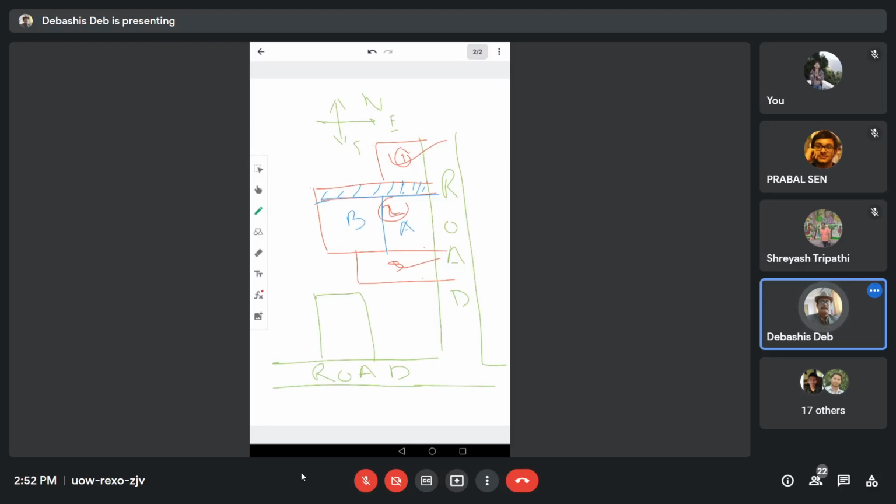Now, definitely, the person who will be purchasing A plot will be eager to pay more than the persons who will be eager to buy B plot, because A plot owners are getting the approach of the road, and B plot owners will be using only this corridor. It may be maximum 10 foot. So as I go inside, the rate of the plot decreases.